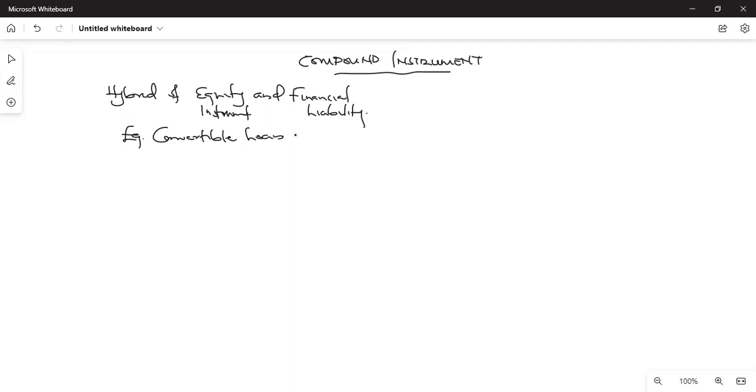And the things you should know about these ones are that it is repayable at the lender's option. So whoever invested has the option to keep it as a liability, but also to convert it into equity.